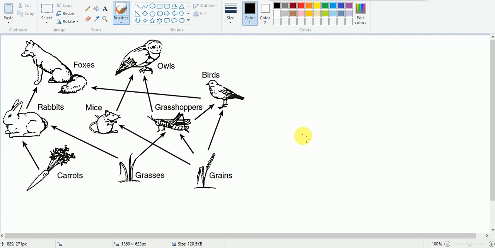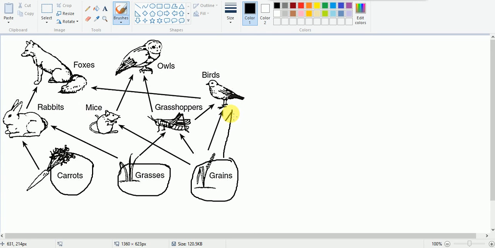So this is a very simple example of a food web. Here we have these producers, carrots, then another producer, grasses, then grains. Grains are eaten by these birds, then by the grasshopper also, then by the mice also. And again, mice are eaten by the owl.